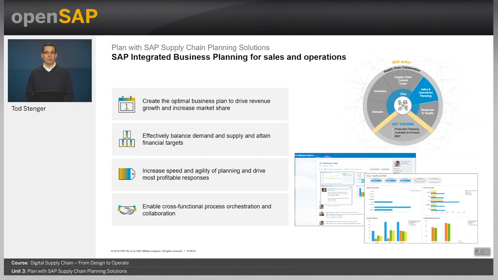The plan is a living plan, revised and approved each planning cycle as business conditions change. SAP Integrated Business Planning for Sales and Operations provides the technical capabilities to support that business process and allows companies to model different business alternatives and create the optimal business plan that drives top-line growth, maximizes operating margins, improves planning, collaboration, and agility.